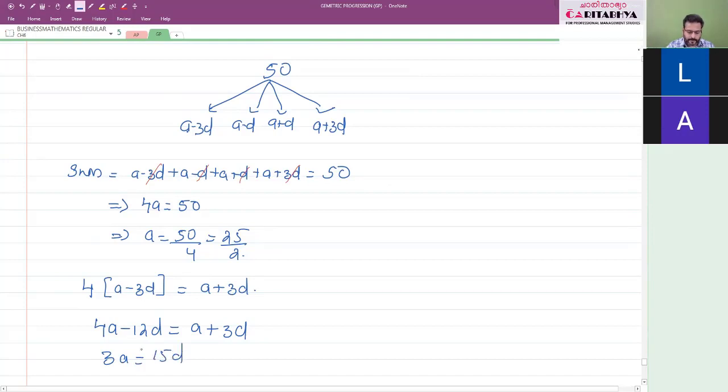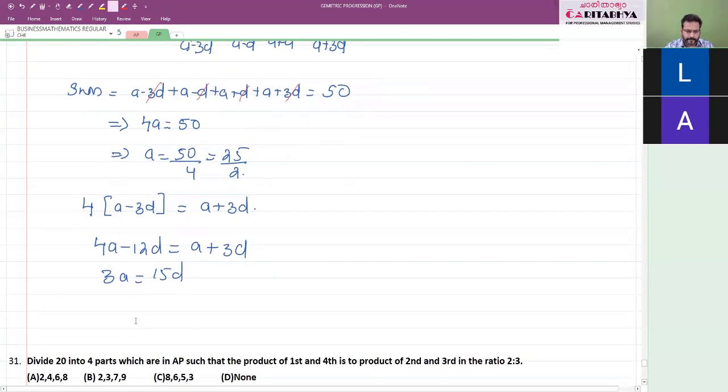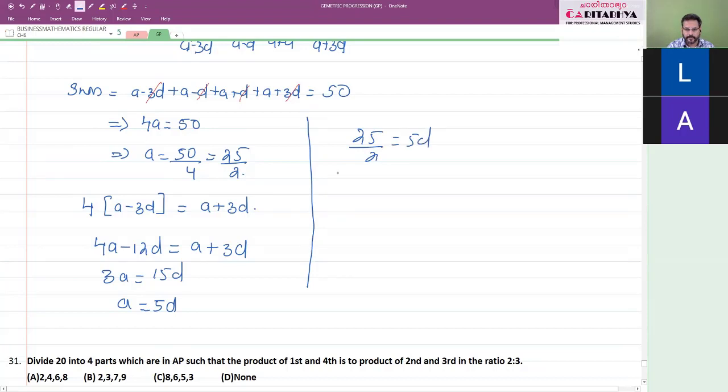So A is equal to 5D. A is 25 by 2 and 5D, therefore D is equal to 25 divided by 5 into 2, which is 5 by 2. So A is 25 by 2 and D is 5 by 2.